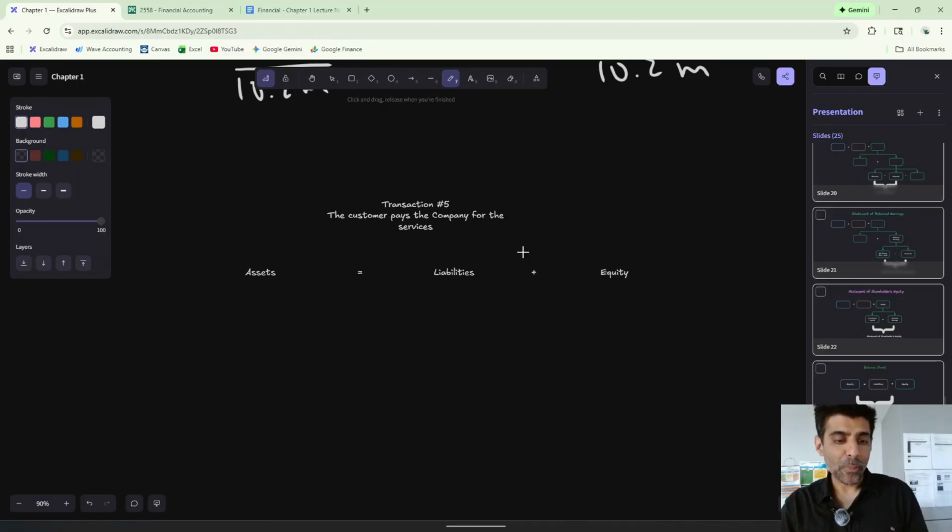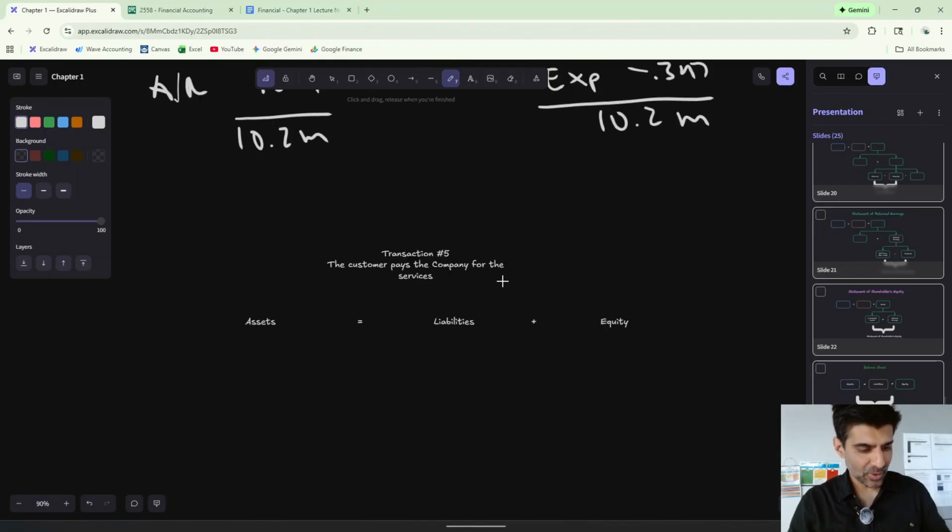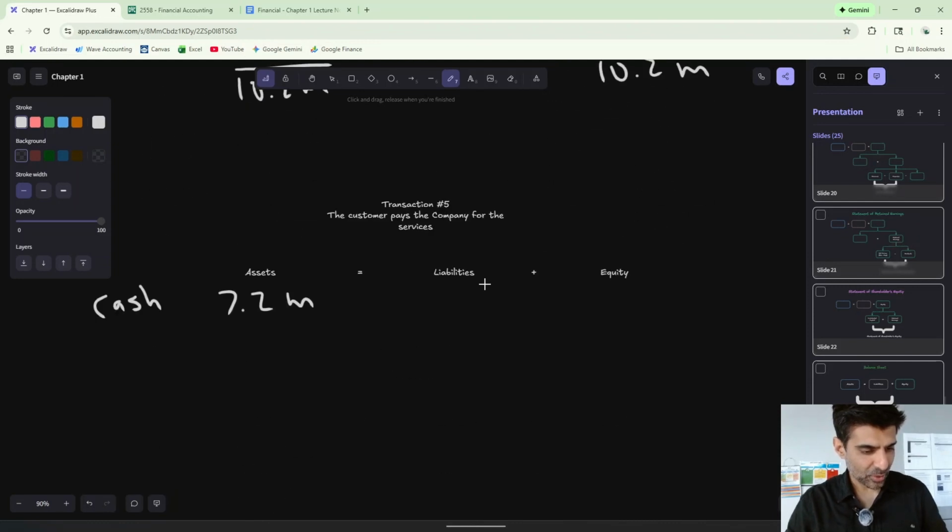Transaction 5, the customer pays the company for those services, right? So we have that accounts receivable that was created. Now that customer is going to pay us off. What are they going to give us? Cash, right? Okay, so our cash is going to go up by 500,000. So we're going to have cash of 7.2. Our land is 3.